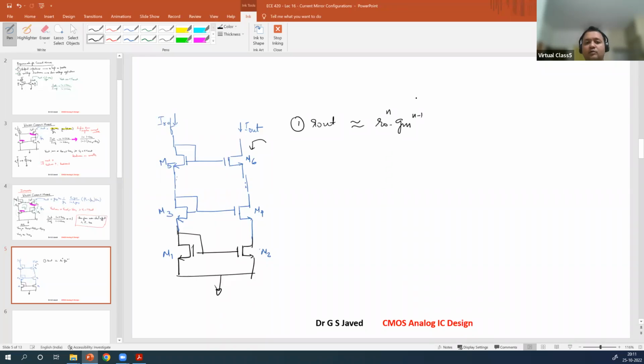So it is an extremely high value. But as your gain goes up, you will lose out on the headroom. So you will have lower headroom. This configuration is called a multiple cascode current mirror.